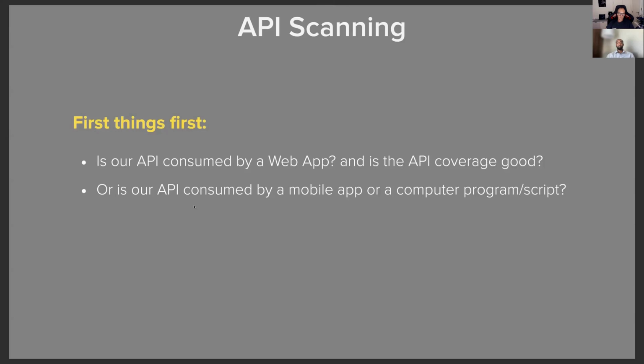So first things first, if we want to scan an API, the first thing we need to ask ourselves is what type of interaction do you have with your API? Is it an API that is consumed by a web app, a single page app?